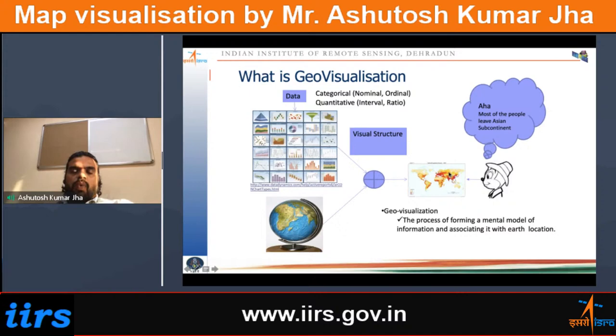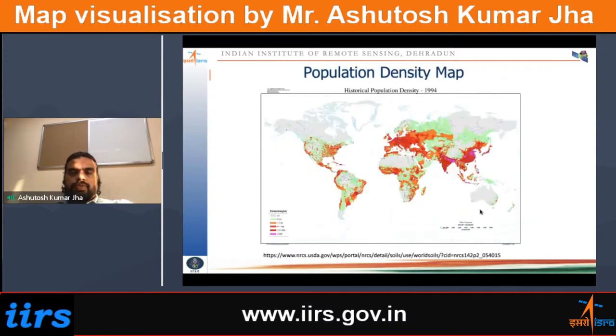So there are wider aspects which we can easily link in, and we can draw different conclusions once this information is represented. Generally, the basic objective of geovisualization is that you put the information in a spatial domain in such a way that it raises, and correspondingly also tries to answer, a few of the questions.